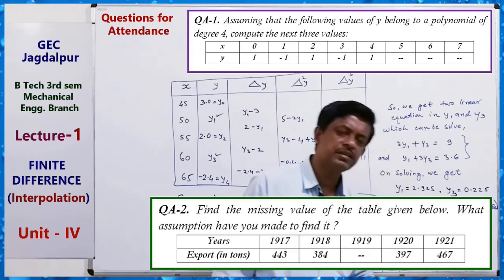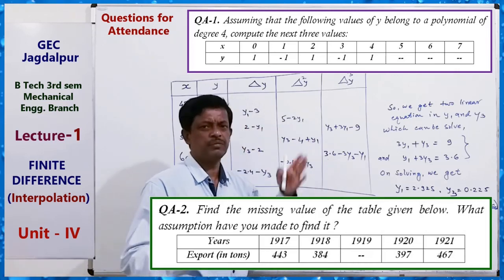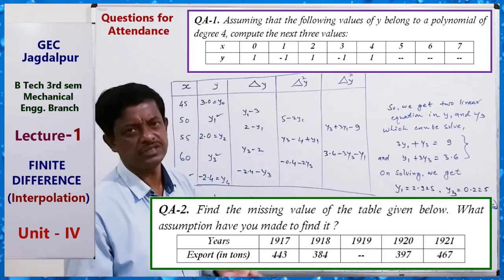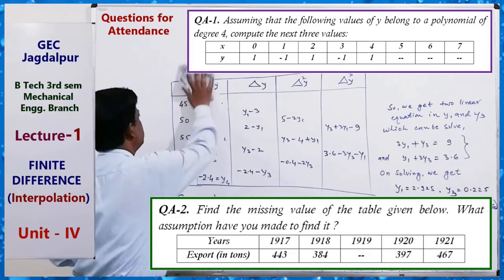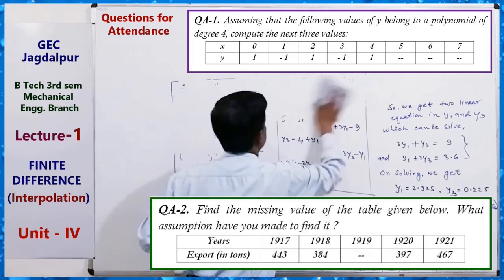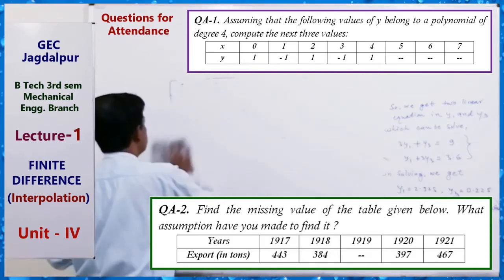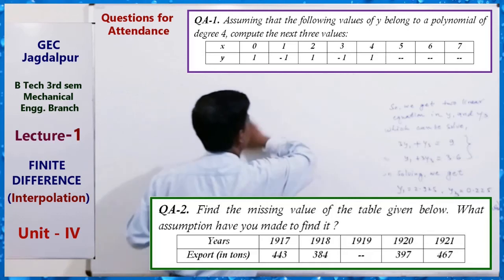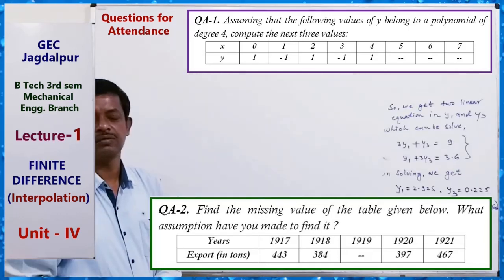If it is a 4th degree polynomial, then the 4th differences will be constant.